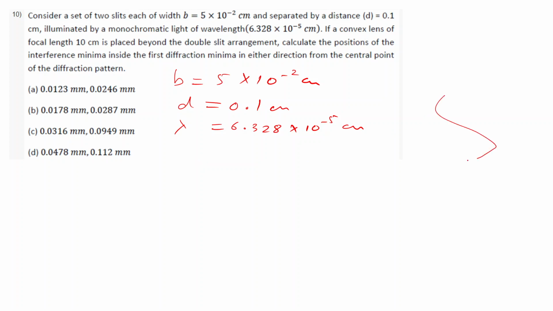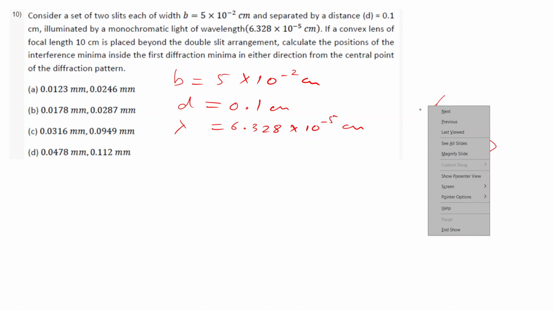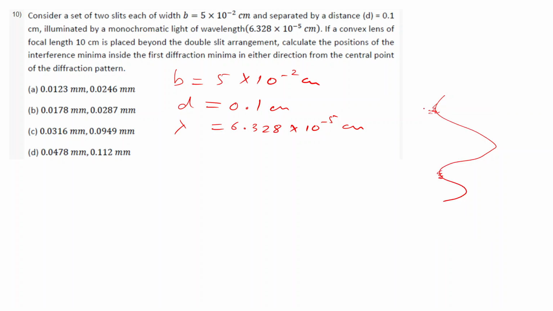So here we have to find out, in the first diffraction minima, which is coming here, which interference minima is coming. We have to find out the position of interference minima inside the first diffraction minima.